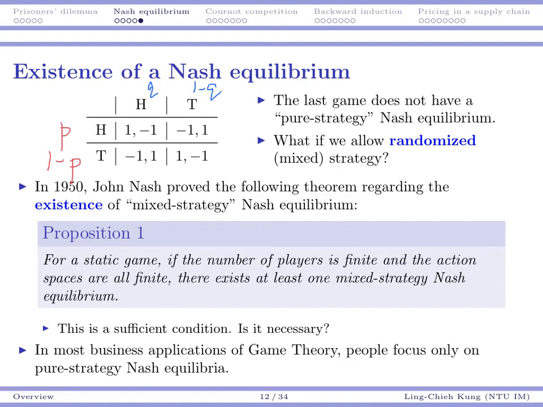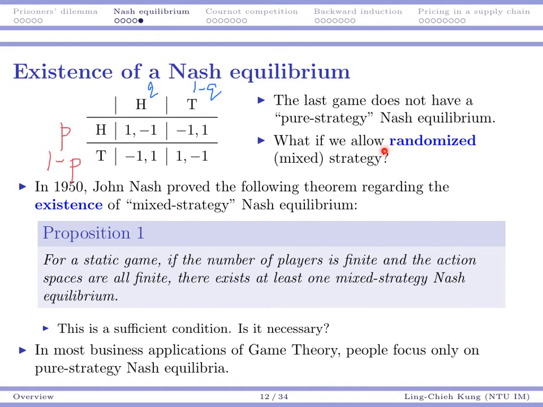And then this game is going to become 2 decision problems. Player 1 solves for P and player 2 solves for Q for the optimal strategy or the optimal probability to choose head.